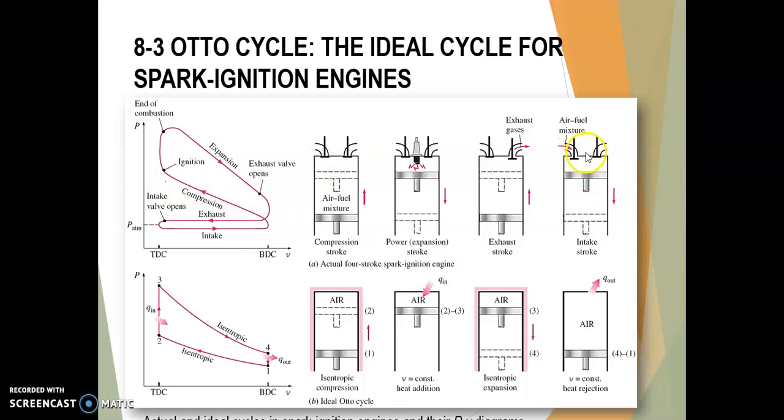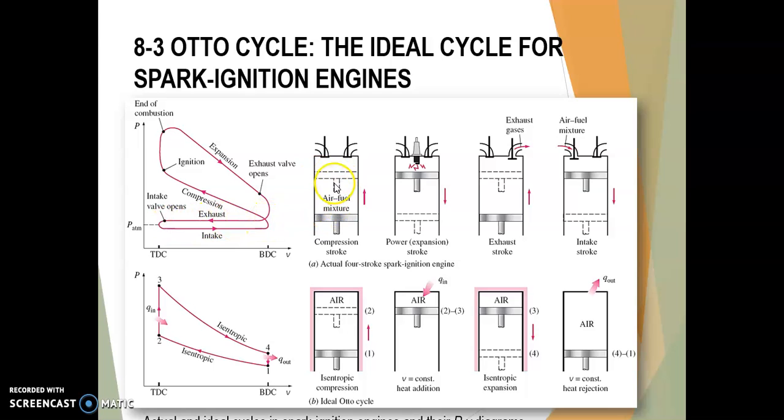In the first part, we have atmospheric pressure because the intake valve will be opened, which will allow the atmospheric pressure to be moved inside the whole system. So once it is closed, the piston will be moved to the bottom part. So at this location, the piston has moved from the top dead center to the bottom dead center.